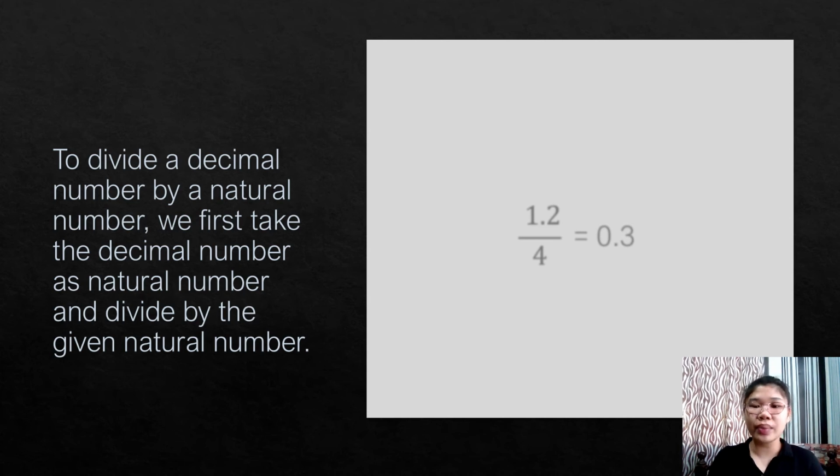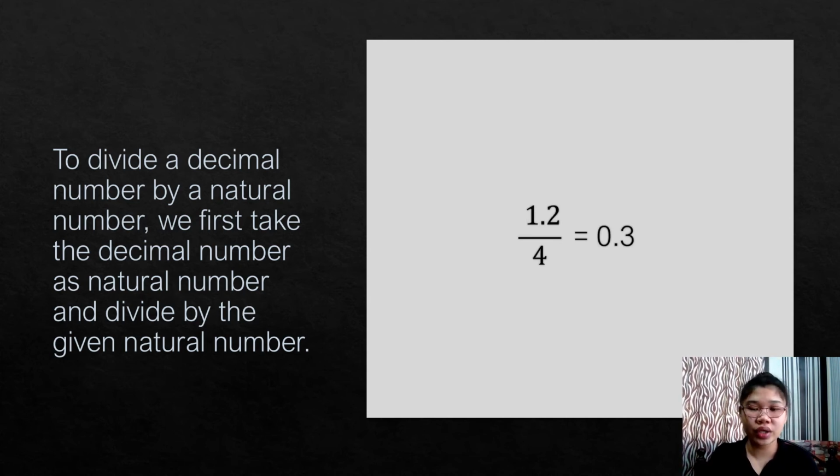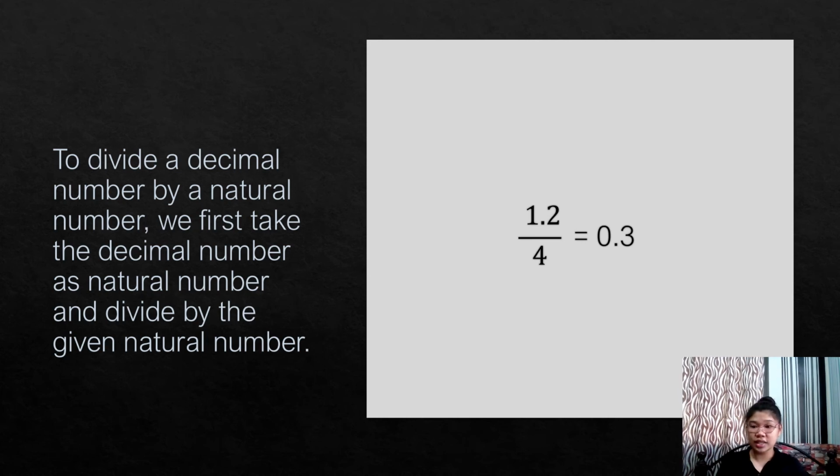As an example, we have here 1.2 divided by 4. Technically, this is 12 over 4, which is 3. And then, the decimal number to be divided has only one decimal place. So, 12 divided by 4 is equal to 3, and then we have a decimal 1.2.